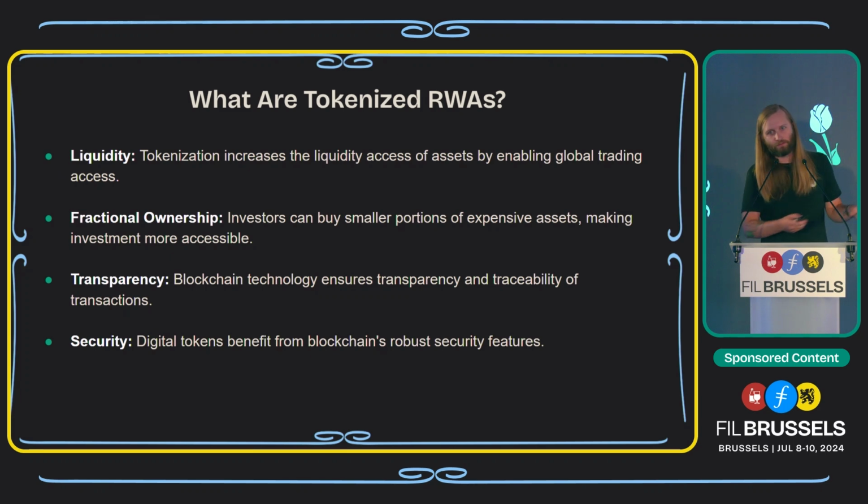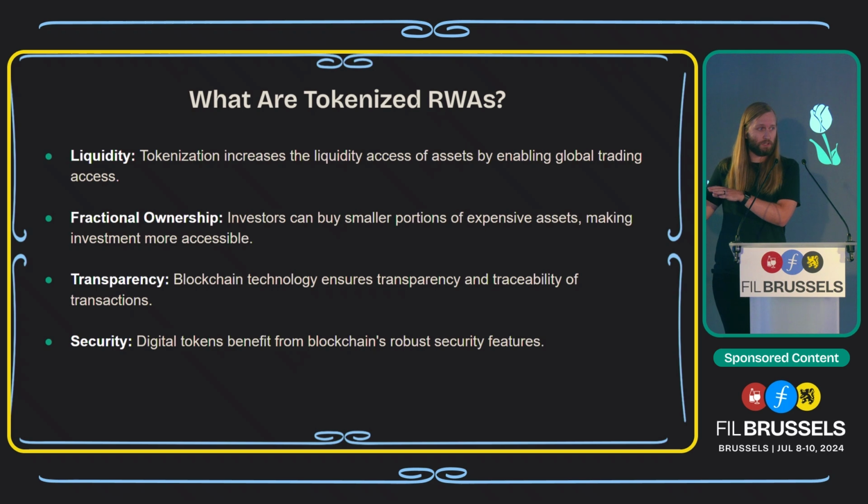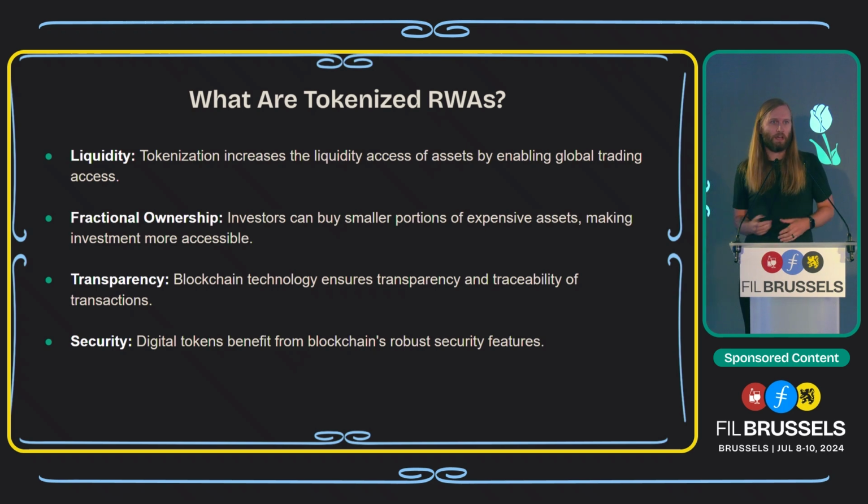So all of these are reasons why we're seeing this uptick in interest in RWAs and the decentralized nature of them. And that transparency, I think, is paramount to not needing to trust, which again is kind of the whole point of blockchain technology.